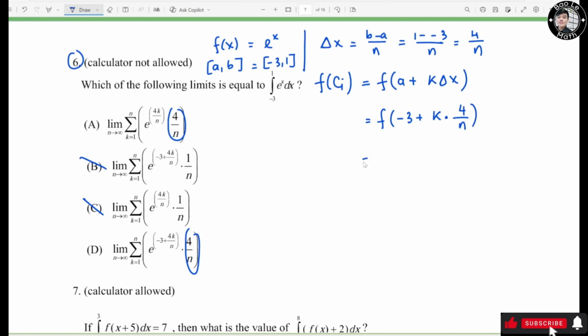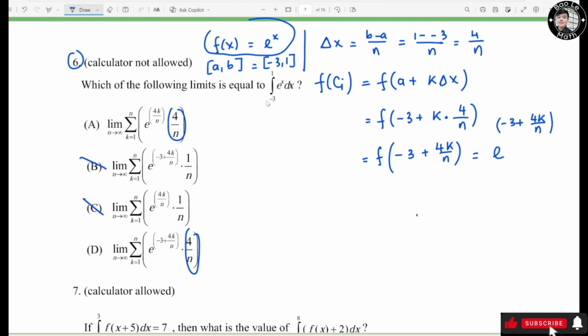So we're going to simplify. It's going to be f of -3 plus 4k over n, right? So the function f of s is right here. It's going to be e to the -3 plus 4k over n.